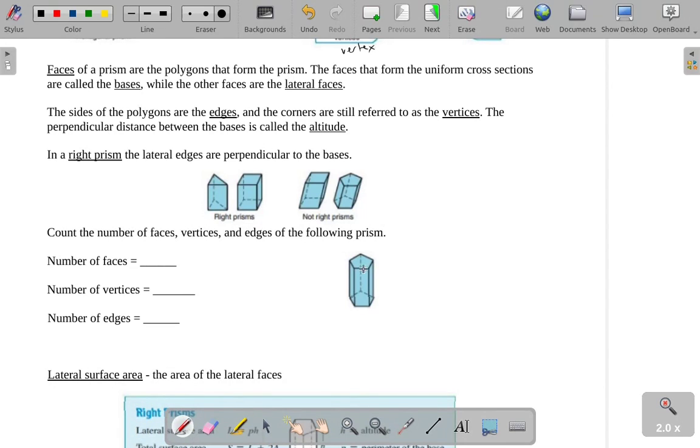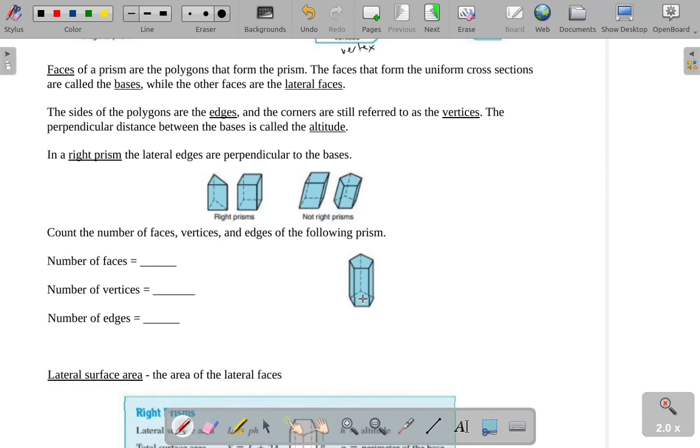Just to verify that the naming here is correct, let's count the number of faces on this particular three-dimensional figure. You can see there's a pentagon, a five-sided polygon, for the two bases. We have 1, 2, 3, 4, 5 lateral faces.